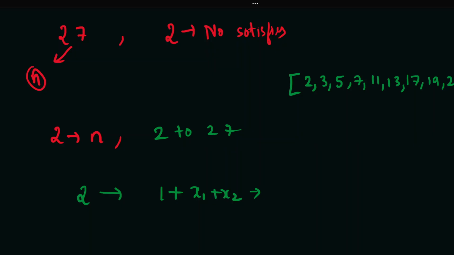Okay. So these are all the primes till 27. Correct. And now we should say how many numbers satisfy from 2 to 27.